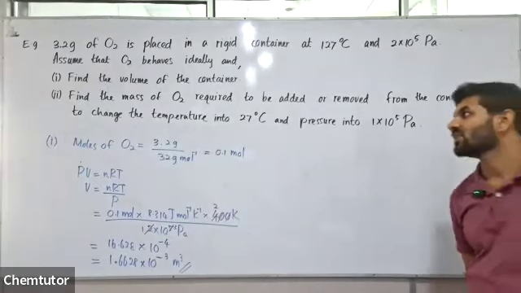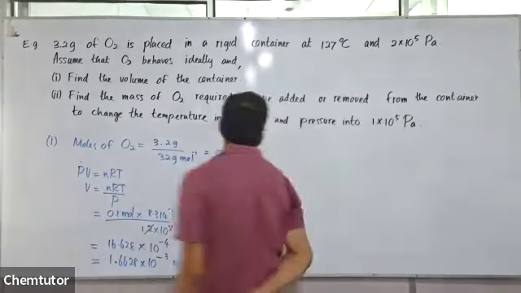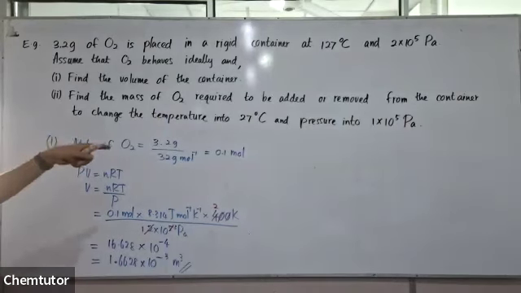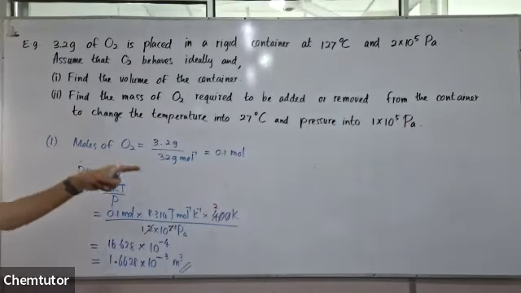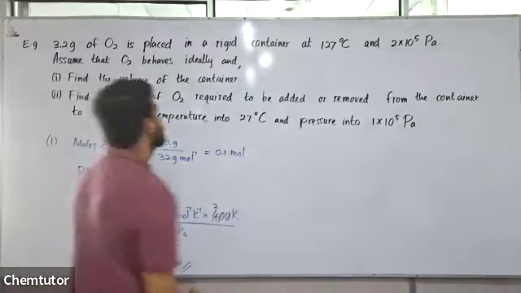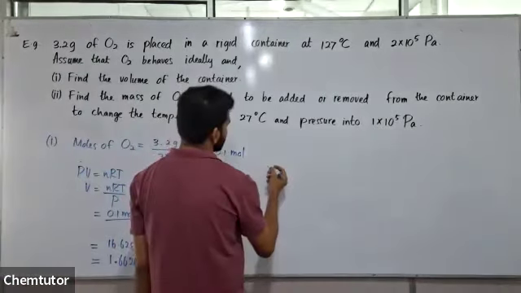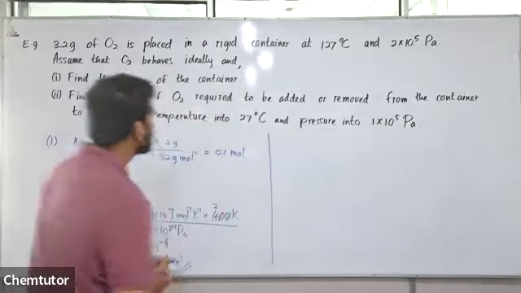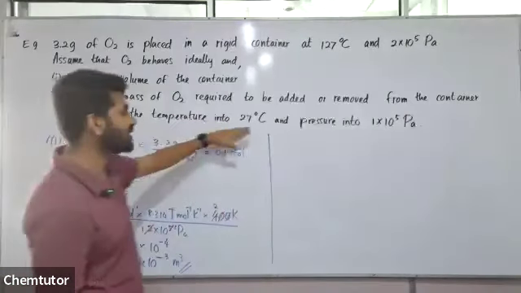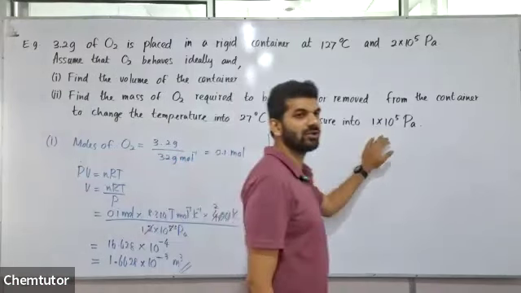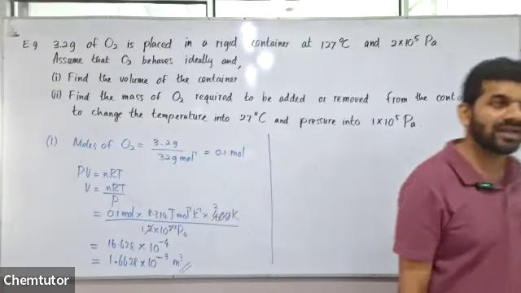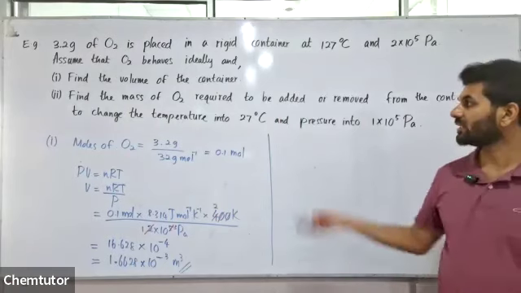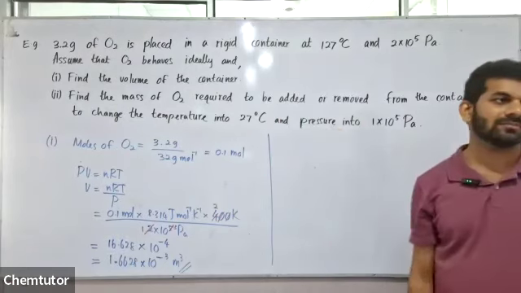The other one is to find the mass of oxygen required to be added or removed from the container to change the temperature to 27 degrees Celsius and pressure to 1 into 10 to the power 5 pascals. So now we need to find the number of moles of gas that will be required to maintain these conditions.